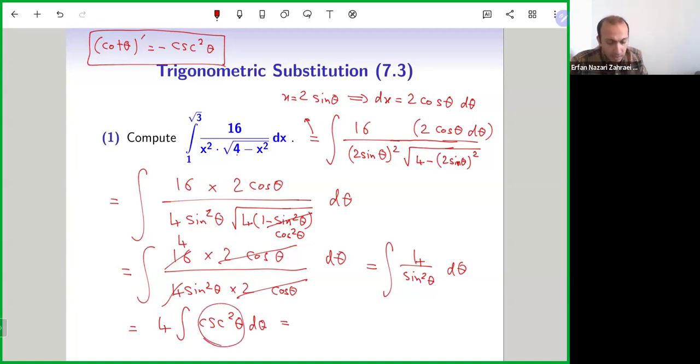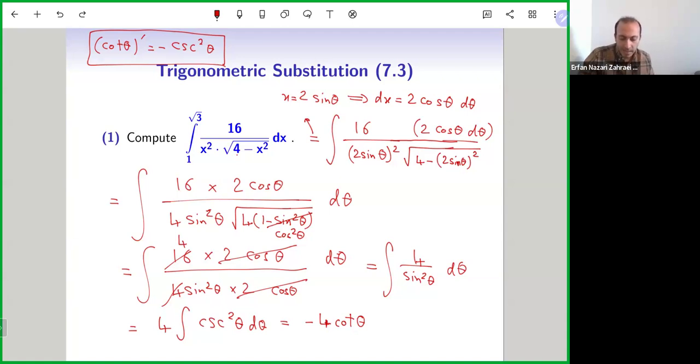So the antiderivative of cosecant squared is negative cotangent. So that's the answer. But before moving on to the computation, I ignored all the bounds intentionally. Now I replace them and compute them.